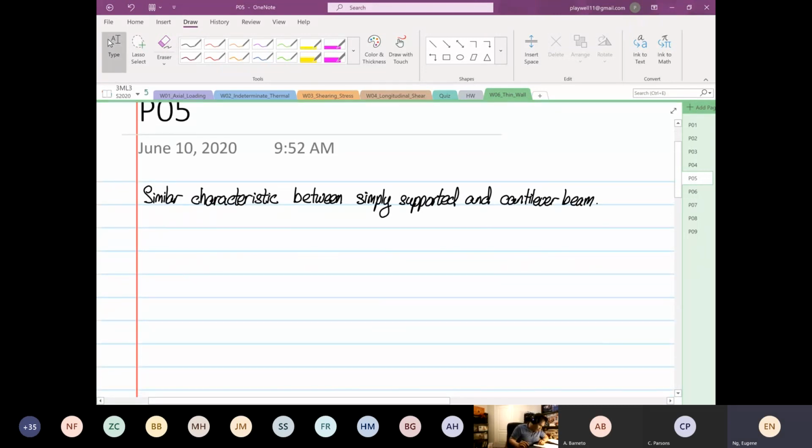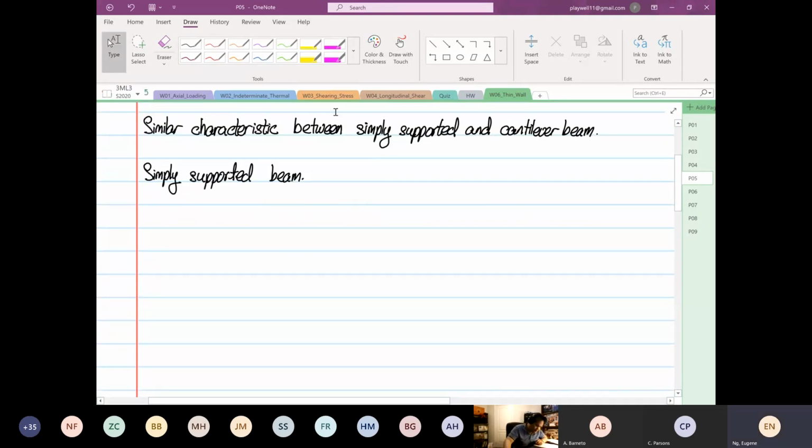So if I were to draw a simply supported beam, on the left hand side is a simply supported. Okay, so I'm going to draw a simply supported beam.